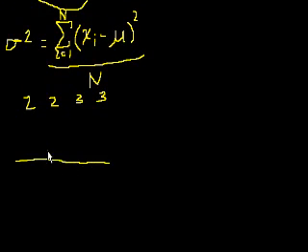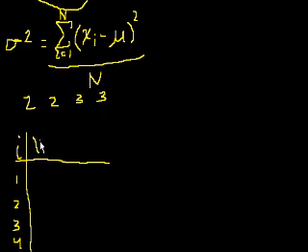So if I wrote i equals 1, 2, 3, 4, that's i. Then x sub i, and it's kind of arbitrary. It's just saying the first term, the second term, the third term. I could have had this in any order. It doesn't matter. Maybe this was the first term, and this is the second, and this is the third. It doesn't matter, because we're just going to add them all up and then divide them. So it doesn't matter what order we do it in.